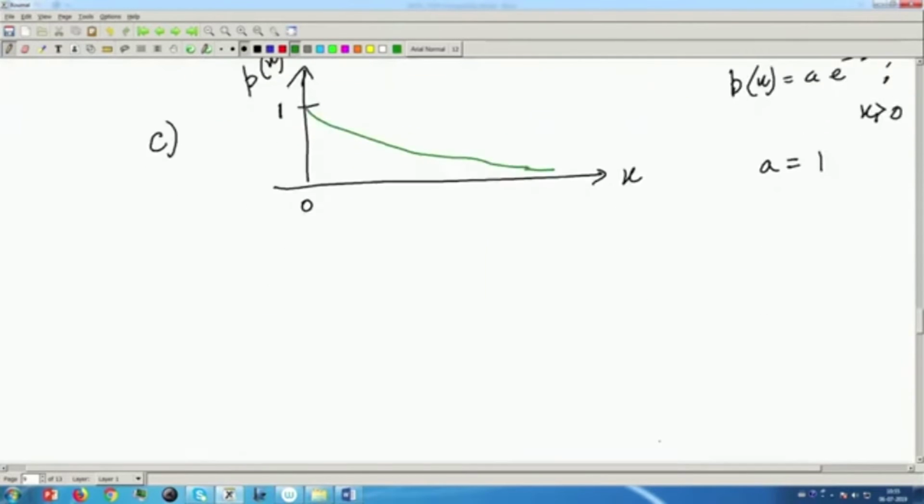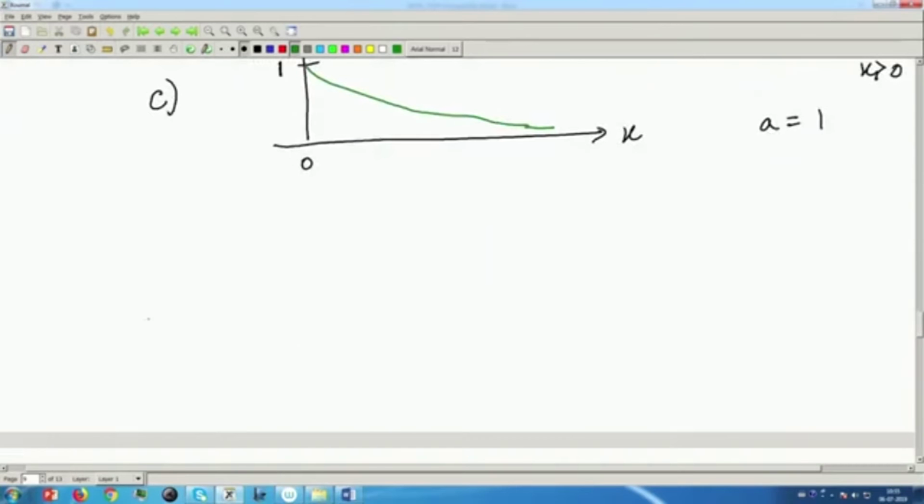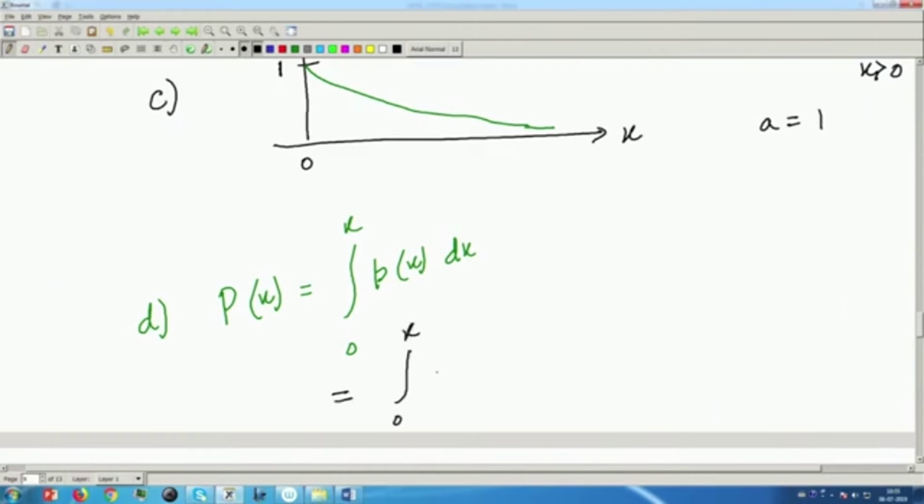Then part D is the probability distribution function. What is the probability distribution function? It is the integral from 0 to x of p(x) dx.